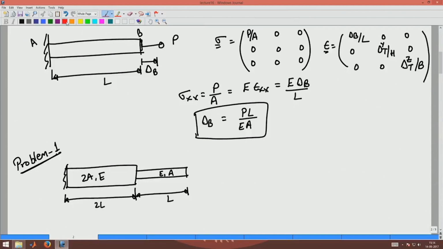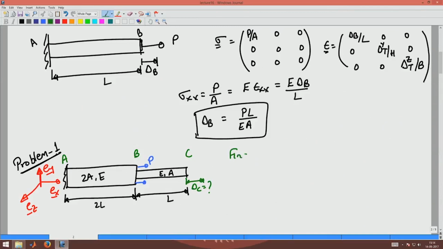Let me assume as usual this to be Ex, Ey and this to be Ez, and let us assume that I am applying a force P along this rim. Let us also assume that these are A, B and C, and I am interested in finding what this displacement delta C is.